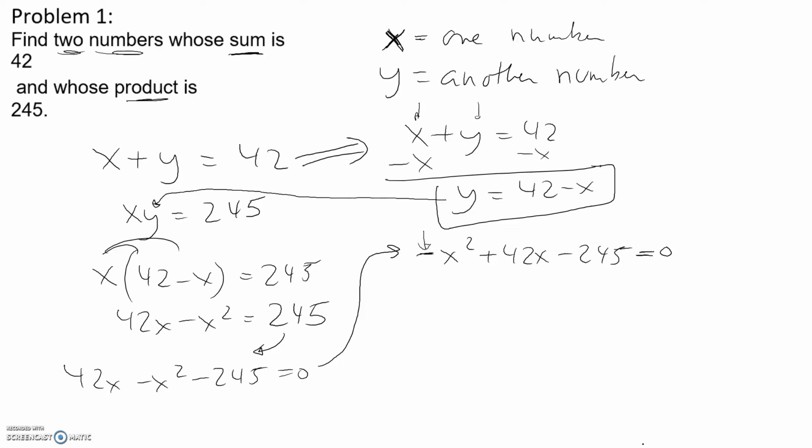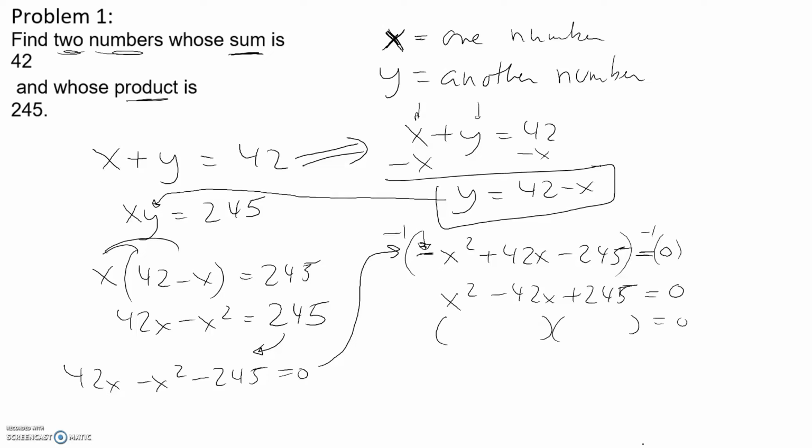We do not like to factor when there's a negative in front. So what we're going to do is multiply both sides by negative 1. We get ourselves x squared minus 42x plus 245. We got what we want. We have the x squared positive. And 0 times negative 1 is still 0. That's cool. Then we move on to factoring.